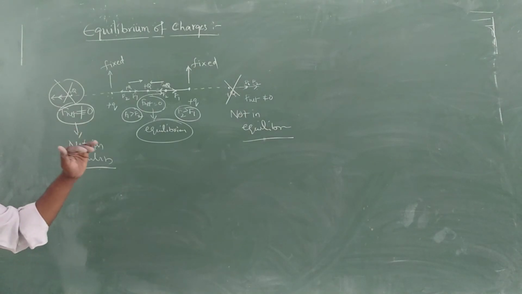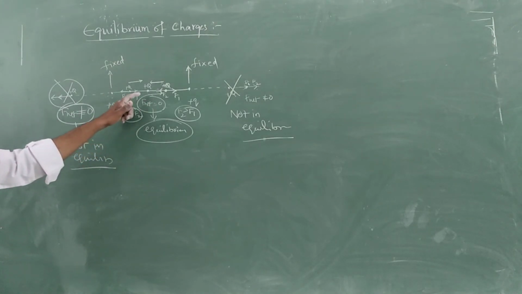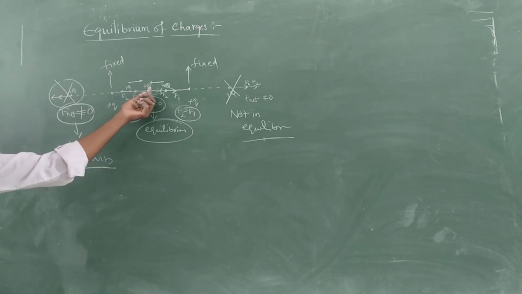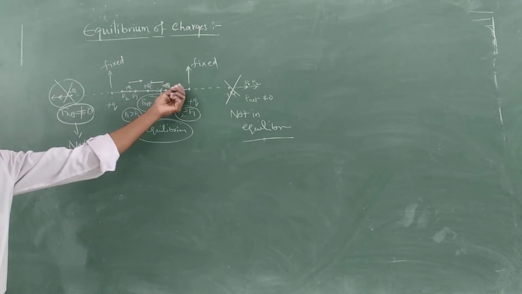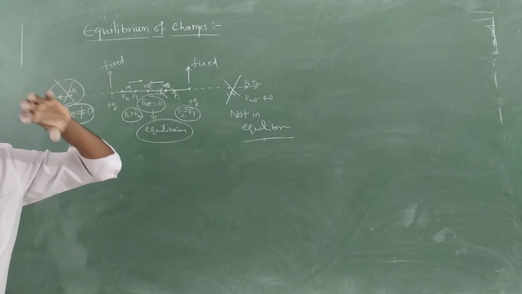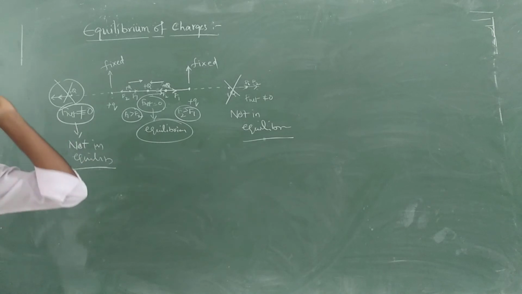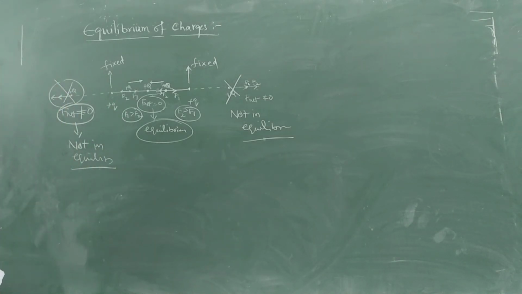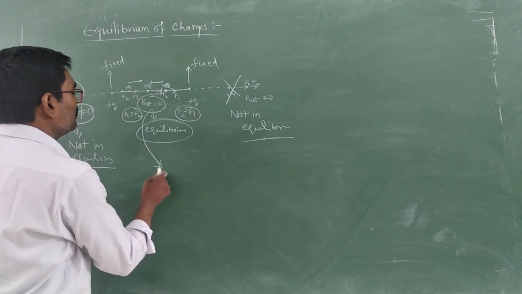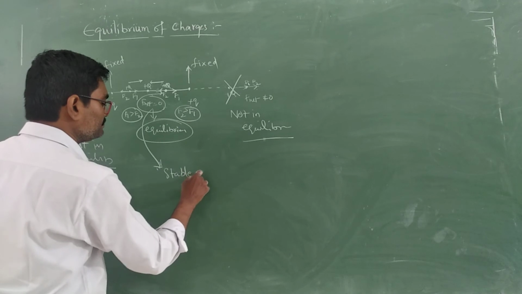Again it is coming back to its mean position. So if we displace it from the mean position and leave it, and it comes back to its original position, that is a stable equilibrium. Understood?